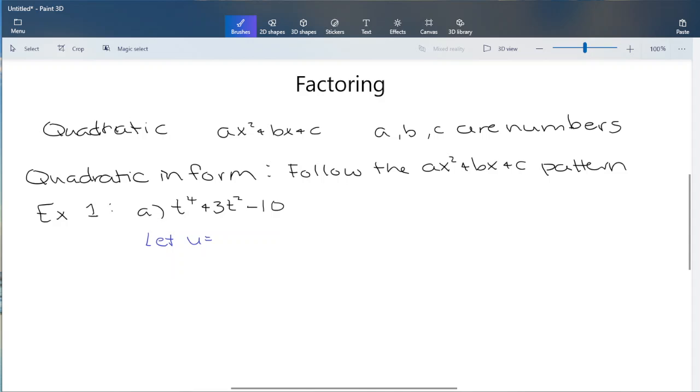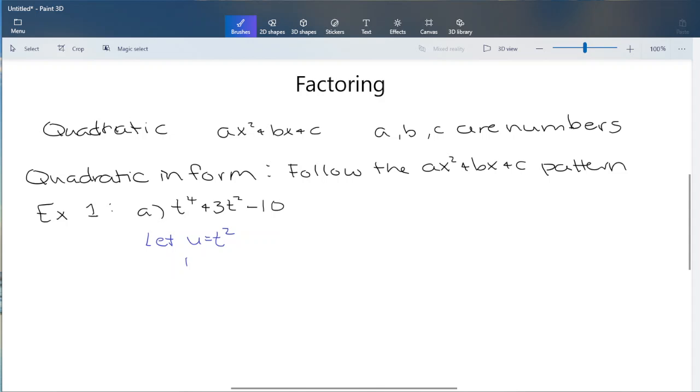Now, the first term, or the largest term in terms of exponents, is hopefully going to be your u squared term. It's this second term that we want to be our x term, right? Our second term in our trinomial is bx. So we want this 3t squared to be our x type term. So we're going to pick the variable from there, or t squared, as our u, okay?